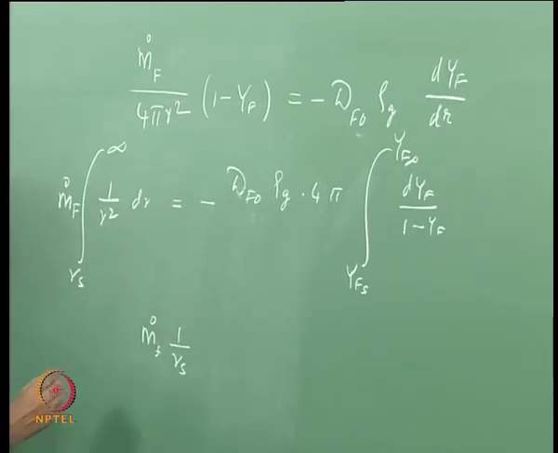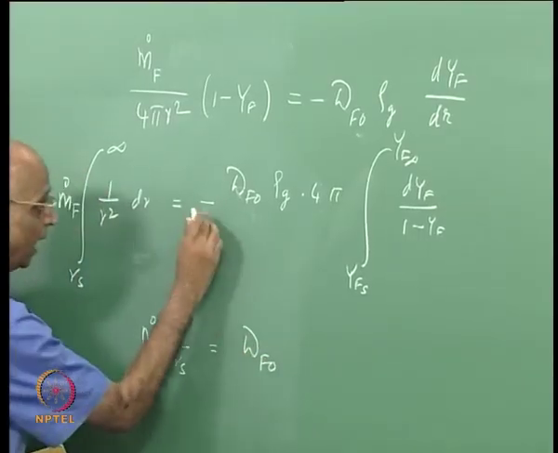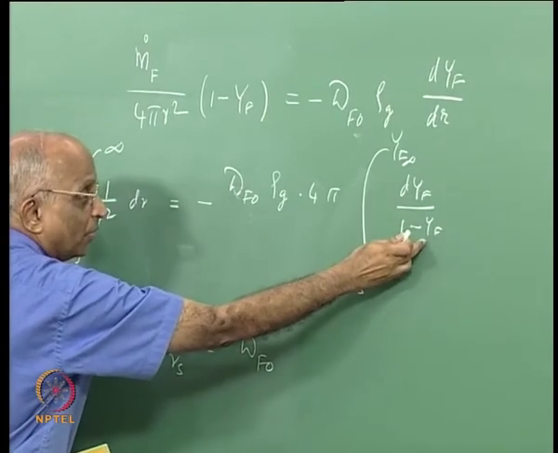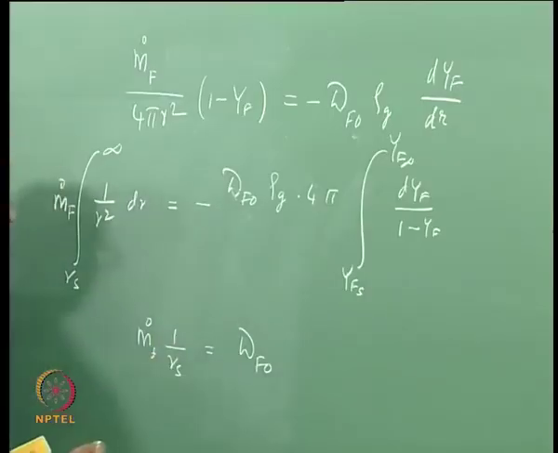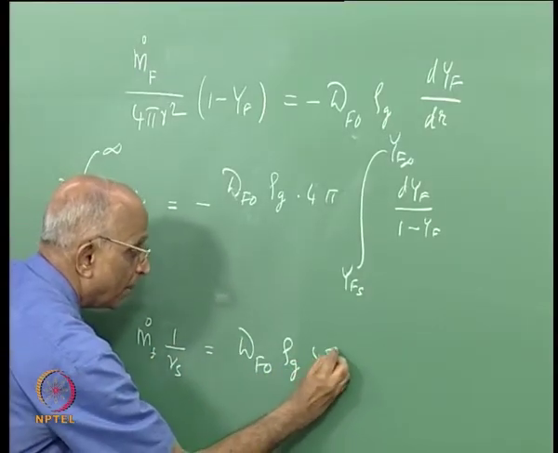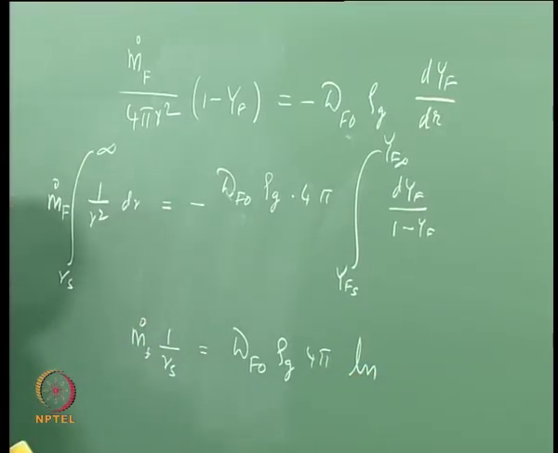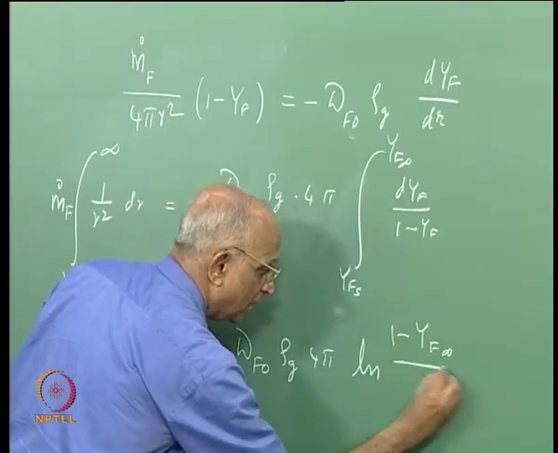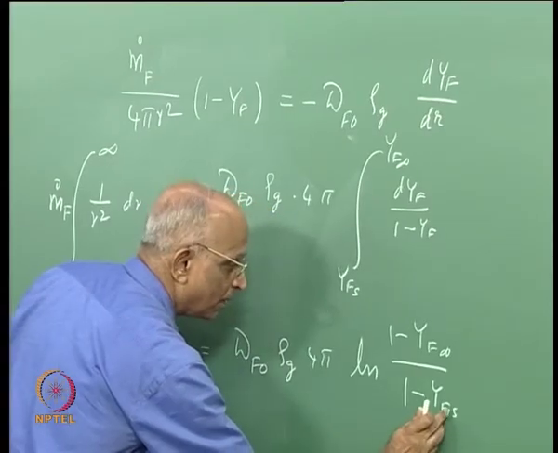Now I integrate on the right hand side, D_F0, I have a negative sign, dYf by 1 minus Yf, I have minus sign, minus log of 1 minus Yf, minus and minus sign cancel, into rho g into 4 pi into logarithm of 1 minus Yf at infinity divided by 1 minus Yf at the surface.